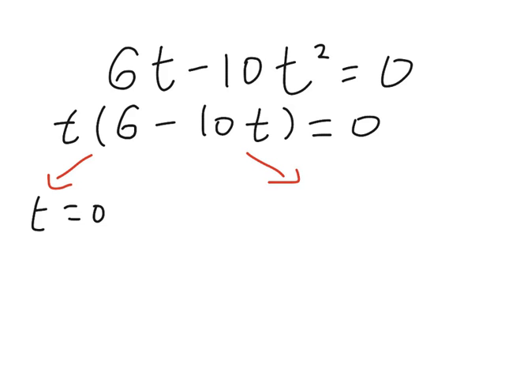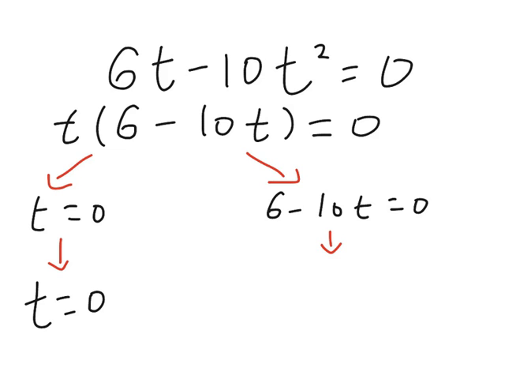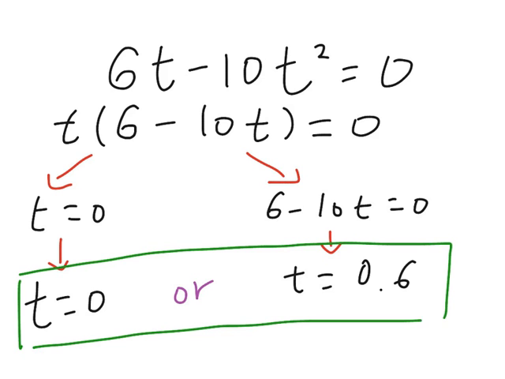T is 0, or 6 minus 10t equals 0, which means that either t equals 0, or t equals 0.6. So my answer is t equals 0, or t equals 0.6.